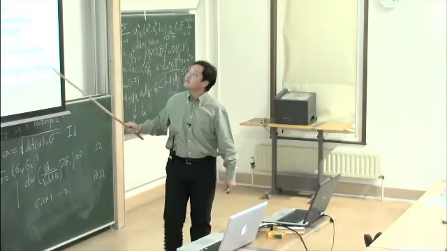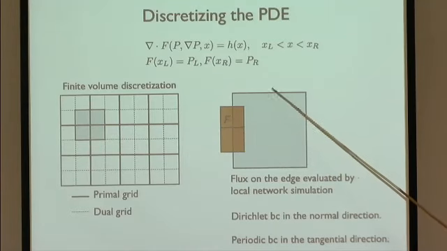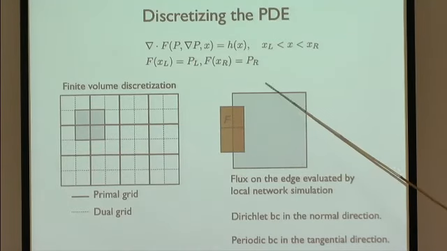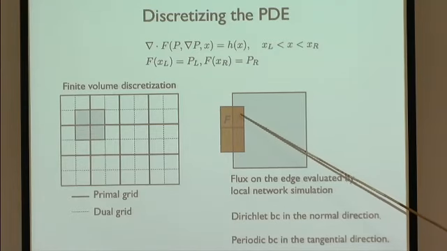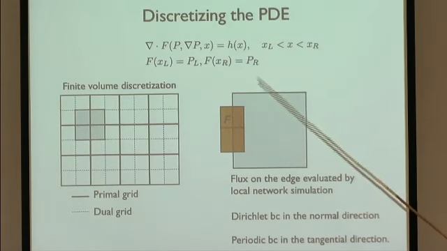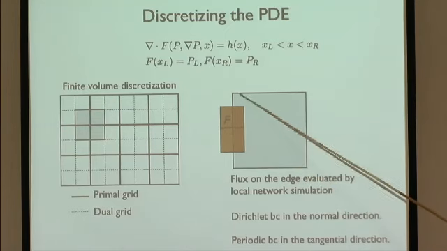If you blow up this control volume, you have 4 sides. On each side, you need to measure, through the solution of the network simulations, the flux that comes through this boundary.